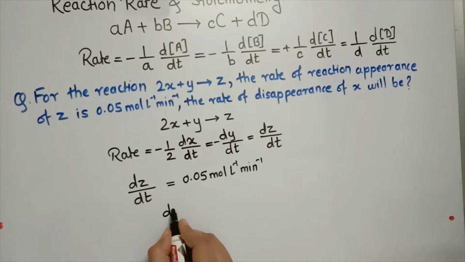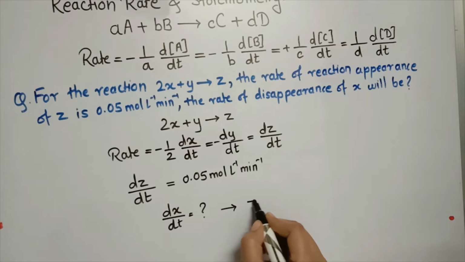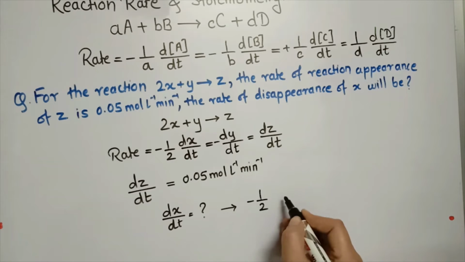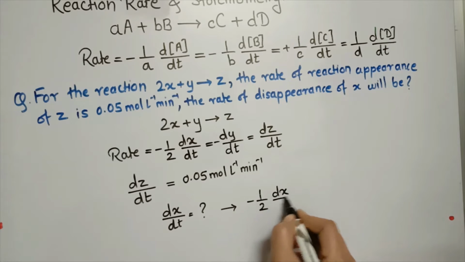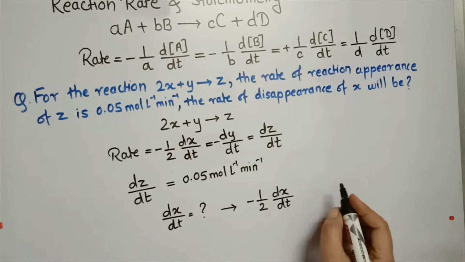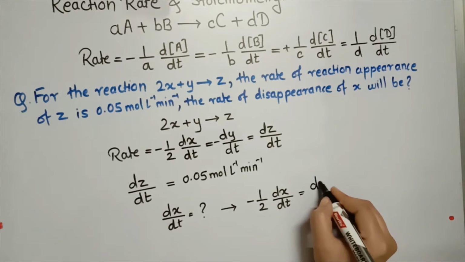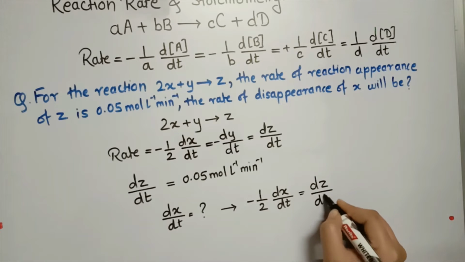So what you have to find? dx upon dt you have to find. But we know the relation that minus 1 upon 2 dx upon dt is equal to, we are relating this to dz upon dt.